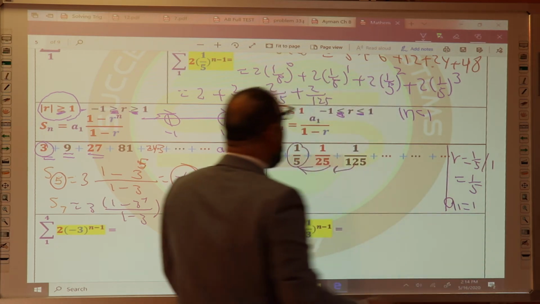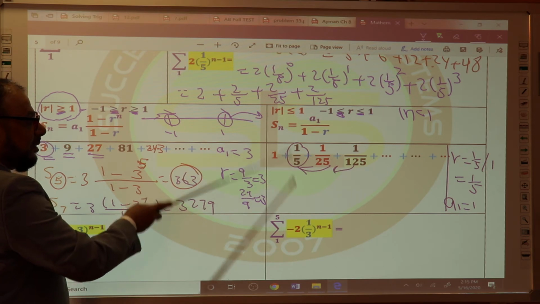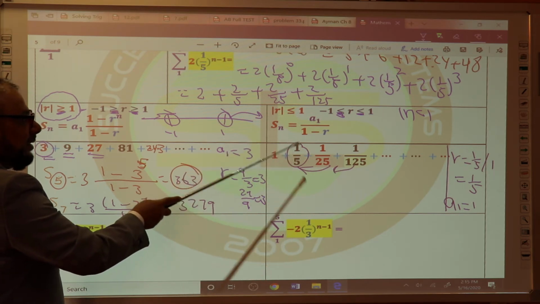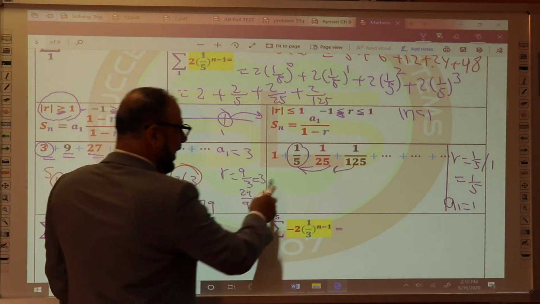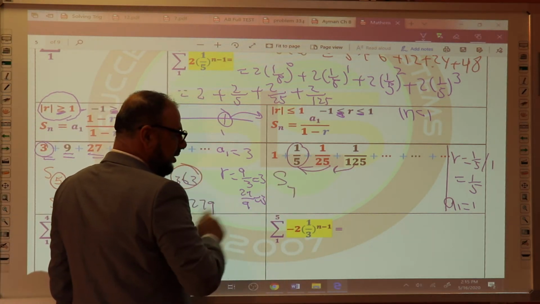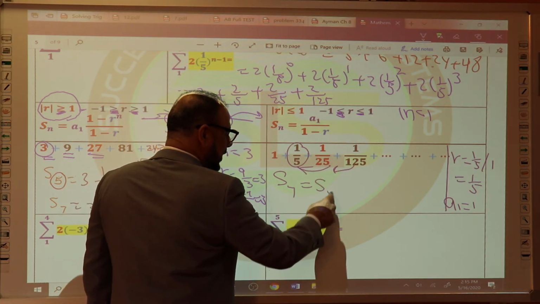Now the good thing about this type of geometric sequence is the sum is the same. Look here, the sum of the first 7 terms is the same as the sum of 8 terms.